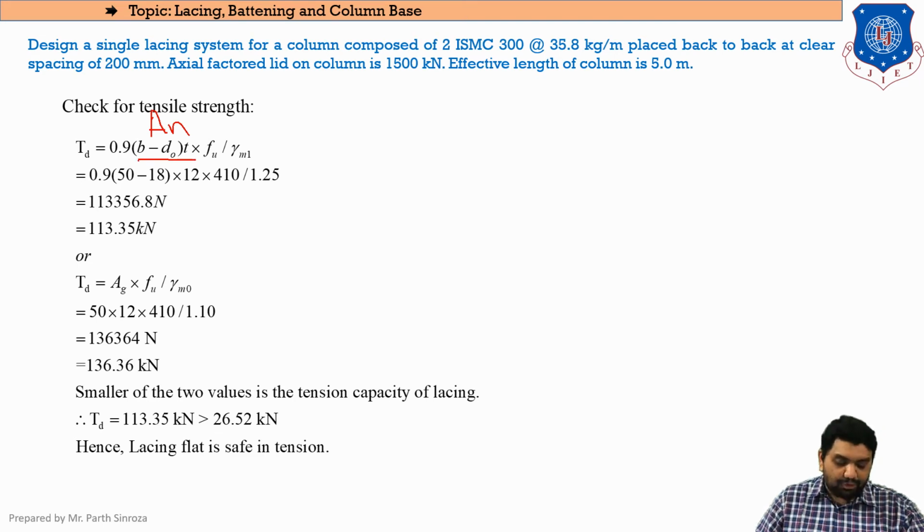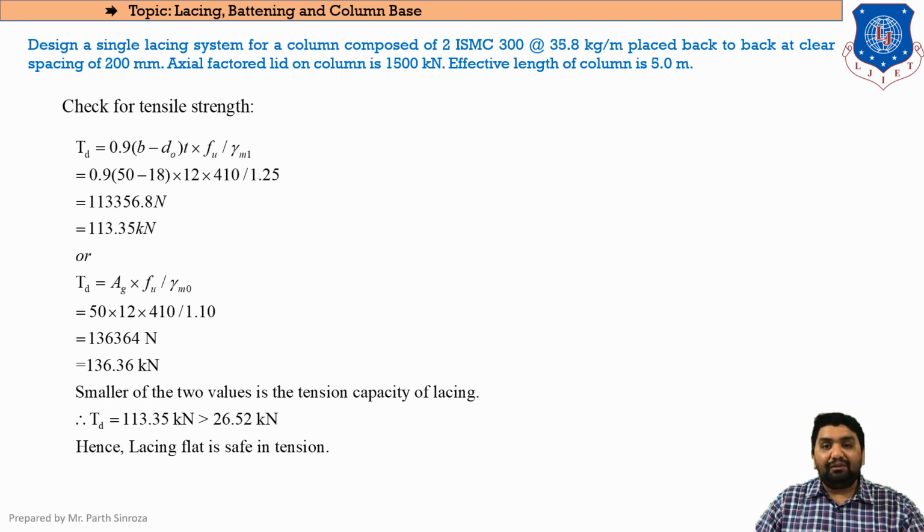AN means net area, so net area will be obtained by deducting the hole. Here the width of lacing was 50 and we have provided bolts of 16. If the bolts are of 16, then the hole will be of 18. This will be our effective length multiplied by thickness of lacing. This gives us the net area. So here the TDN value comes out to be 113.35.